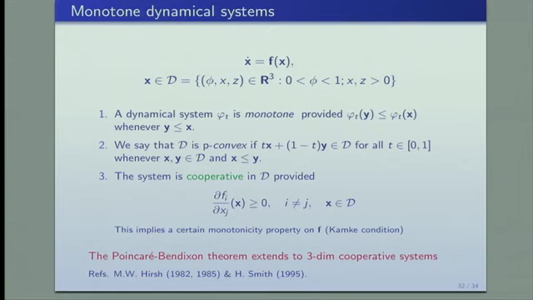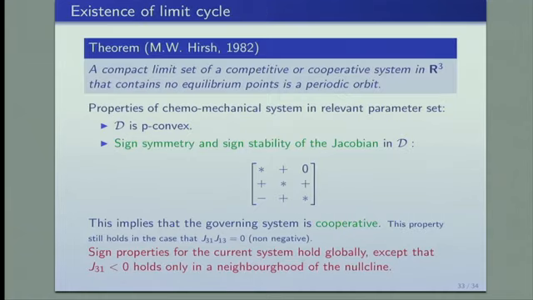Now, the good property about these systems is that they have three-dimensional limit cycles. Okay, and this is Kirch's theorem. So a compact limit set of a competitive or cooperative system in R3 that contains no equilibrium points is a periodic orbit. So in spirit, this is pretty much the Poincaré-Bendixson theorem in 2 dimensions, but for 3-dimensional systems. Now, of course, are these properties satisfied in our case?